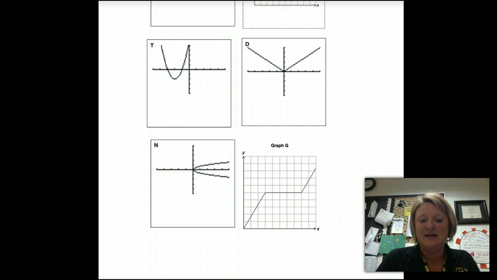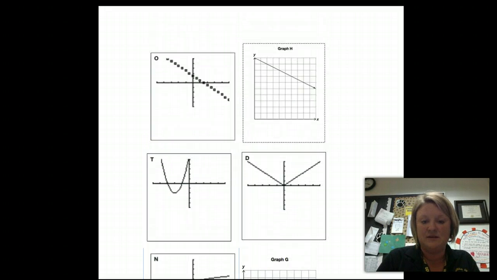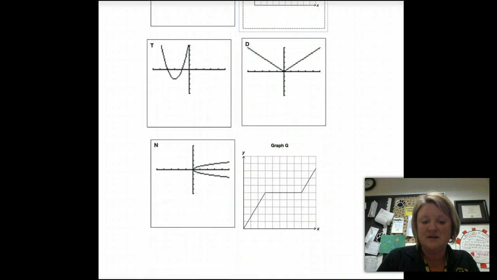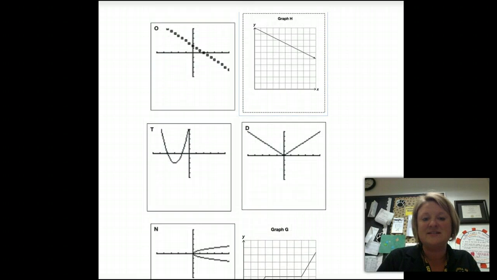Passing would be if a vertical line only touched the graph one time. For example, here, if I drew a vertical line and it only passes that graph one time, that would pass the line test, whereas this graph would not pass the vertical line test because it touches 2 or more places. That would mean that N is not a function, whereas H is a function because it passes the vertical line test.